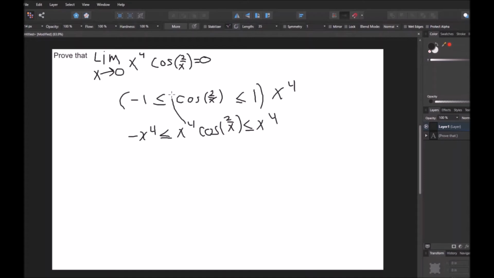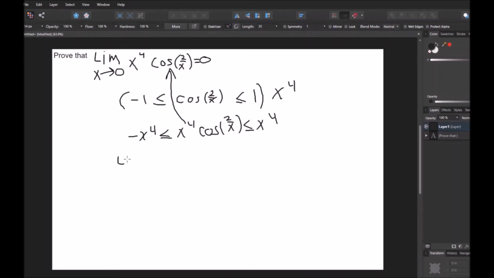Now we have this inequality right here, and we have our smaller function and our larger function that was a prerequisite in order to use the squeeze theorem. Now what we can do is evaluate the limit as x approaches 0 of -x to the 4th and +x to the 4th, and if they're the same thing, then we can say by the squeeze theorem x to the fourth times cosine of 2 over x has to approach the same value.